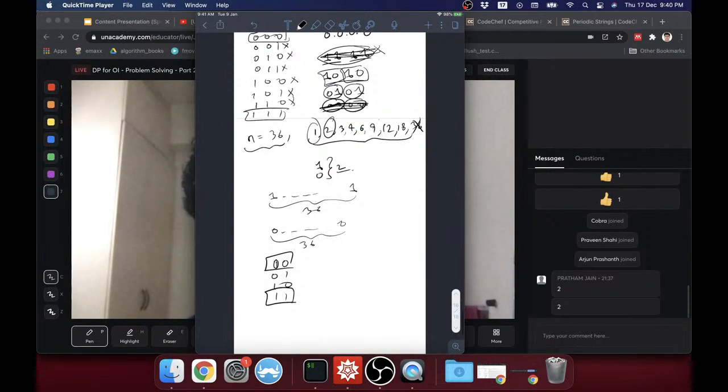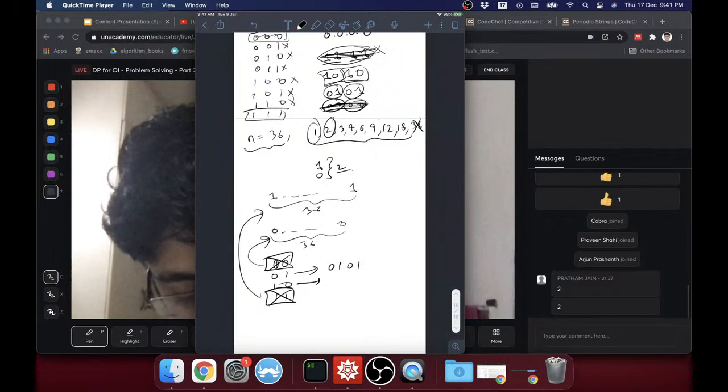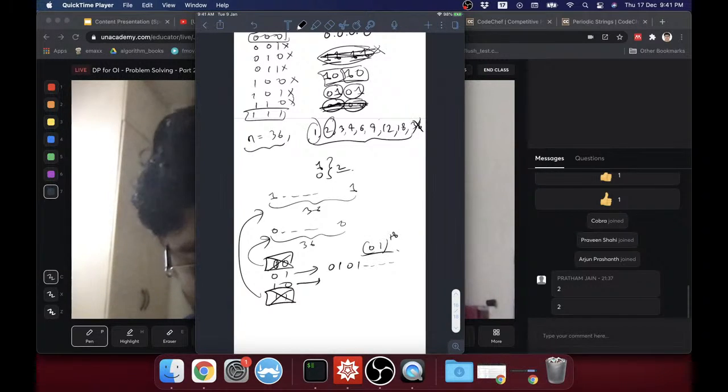Why you're not interested is because these have already come here. You don't want to overcount those ways, so you just want to do these ones. So 01 repeated multiple times, basically (01) to the power 18, or (10) to the power 18.